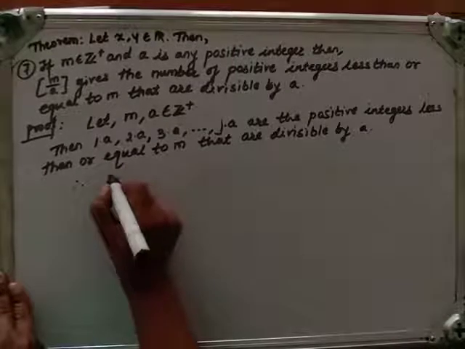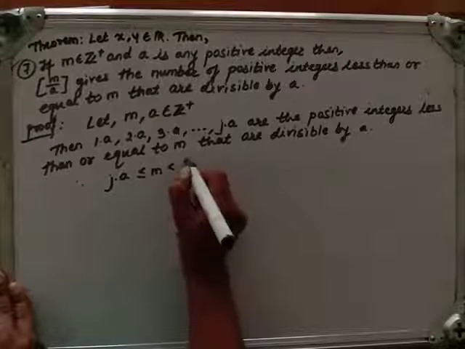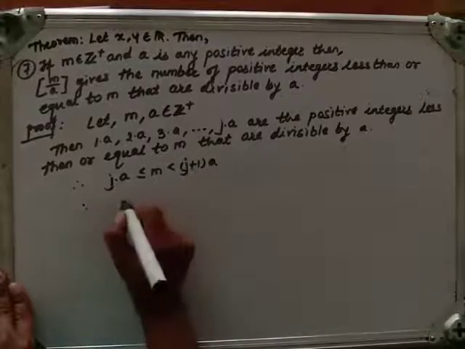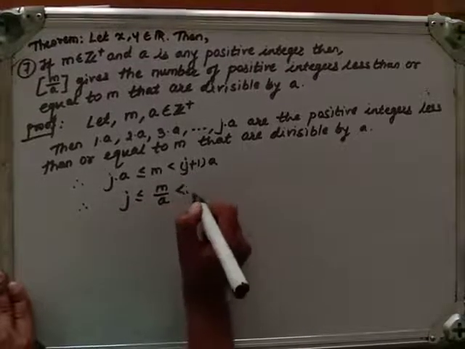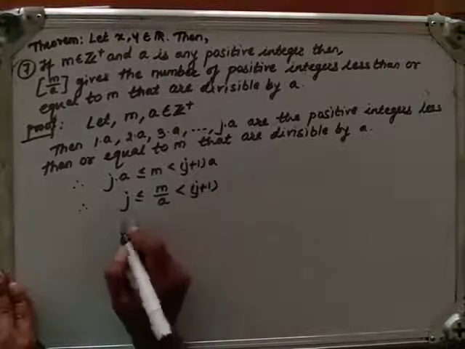Therefore j into a less equal m less than j plus 1 into a. Therefore j less equal m by a less than j plus 1. Okay.